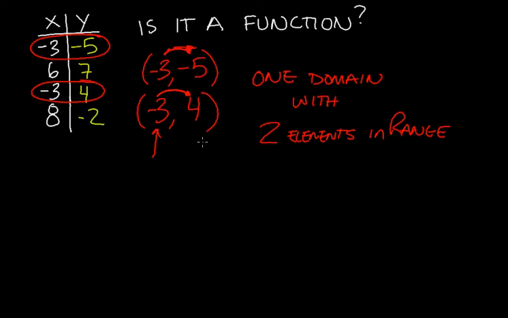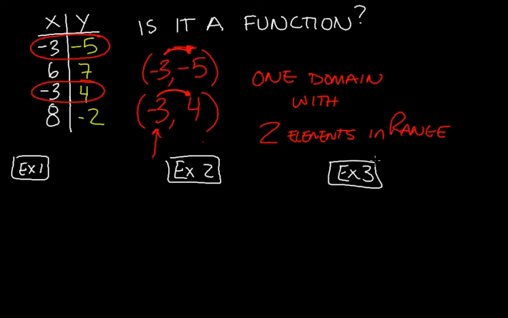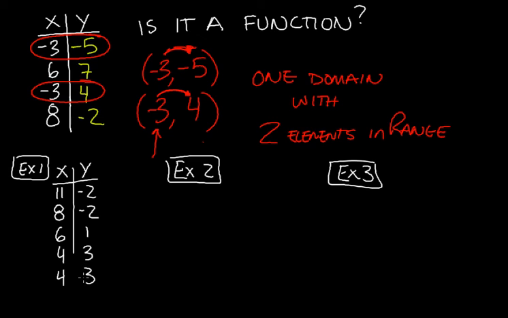I'm going to put 3 little examples down here right underneath it. Example 1, 2, and 3. And they're going to be little sets of points like this. And after you're done writing them, pause the video and tell me, yes or no, is this a function? So let's see. 11, -2, 8, -2, 6, 1, 4, 3, 4, 3.